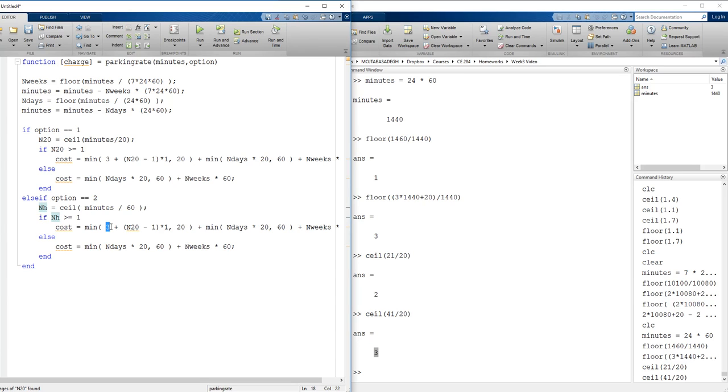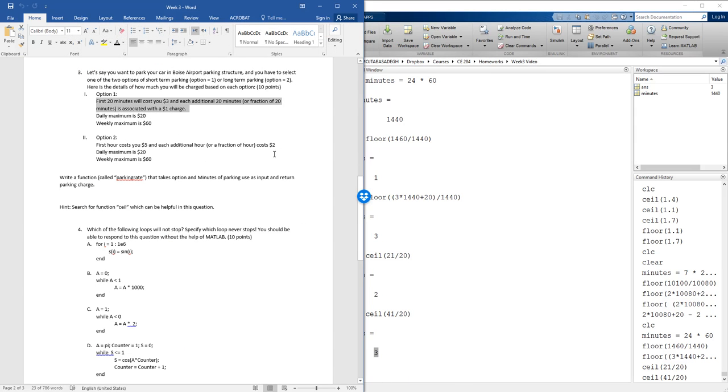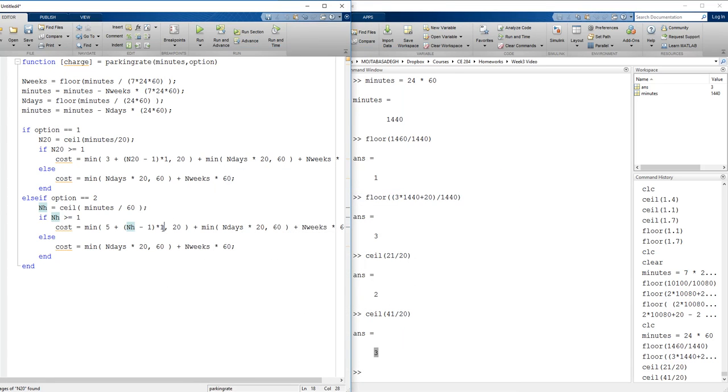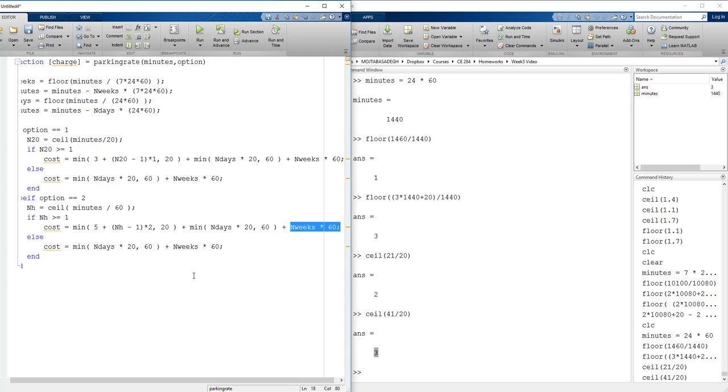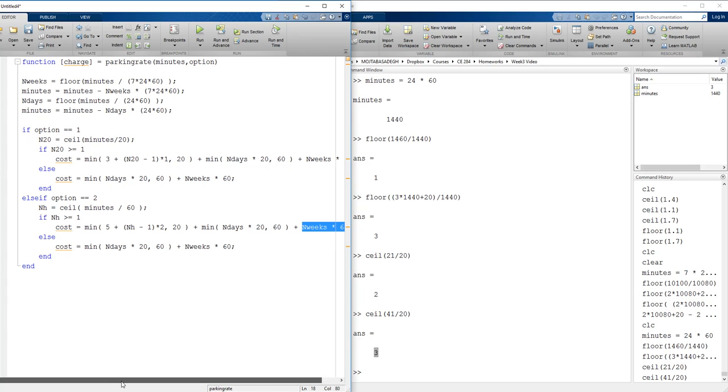Then I charge $5 for the first hour, and for each additional hour I'm going to charge $1. I'm just going to go back. Oh, each additional hour is $2 actually, so I'm going to multiply this by 2. So an hour minus 1 times 2, and I cannot charge more than 20 bucks per day, so I'm going to need this. Similar situation for the number of days and number of weeks as we discussed before. So this is now perfect.